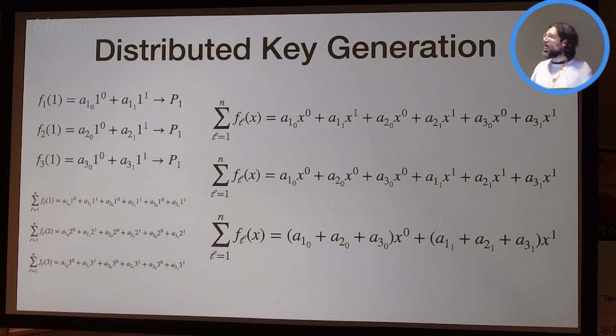And so what that means, if we look here at the bottom right, is that now each participant has a share of a polynomial where the secret, remember the secret is our first coefficient, is the sum of each participant's first coefficient. So now our secret is A1 plus A2 plus A3.